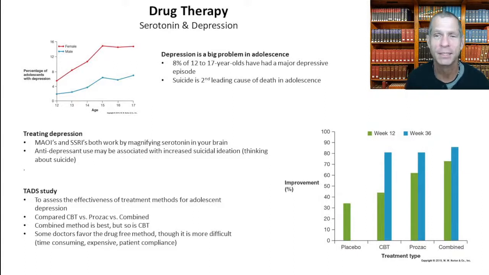We do know that antidepressant use typically increases the thoughts of suicide in teenagers. Now, whether or not it actually causes them to kill themselves, nobody can say that with a great deal of certainty. However, we do know that one of the first steps along the path to committing suicide is to think about it and to make plans for it.